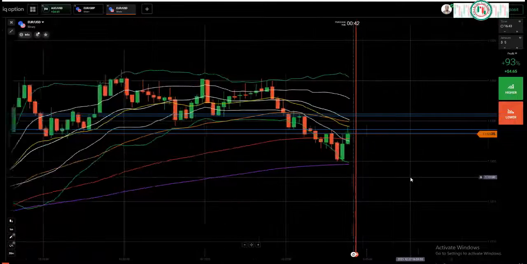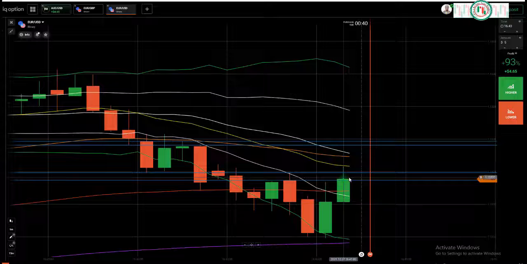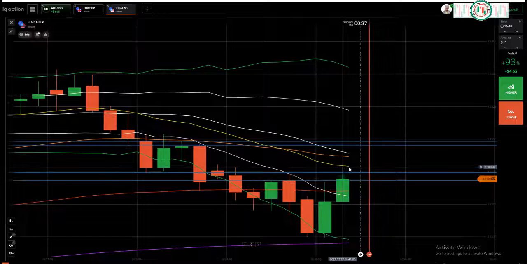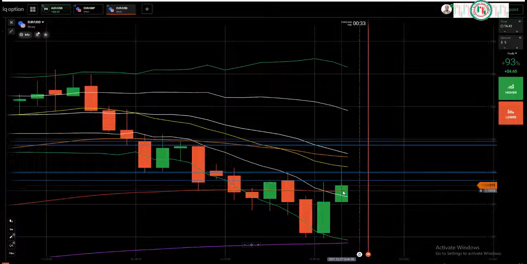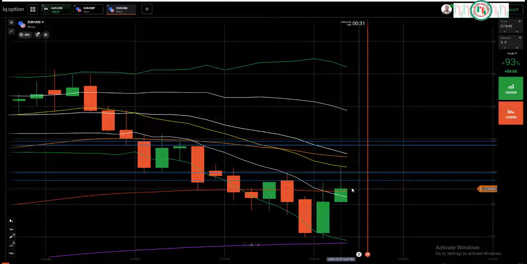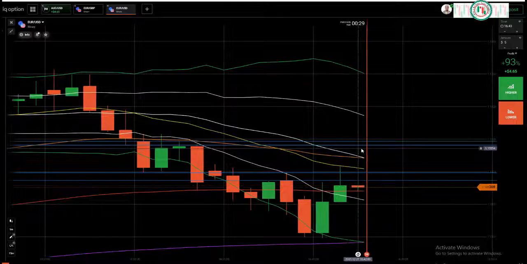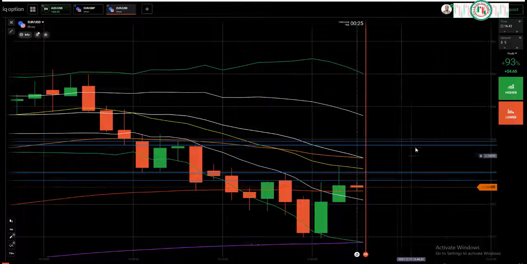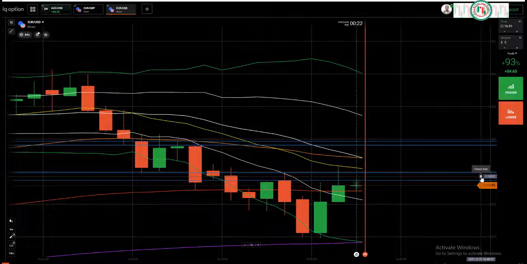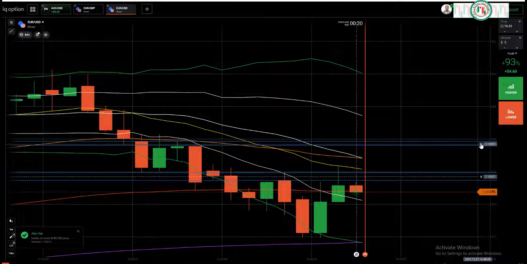So maybe market is trying to break the level. Let's see, new high, and this is summer, so market may break this level, so no problem. Still, if market closes at this level, I can place a trade.